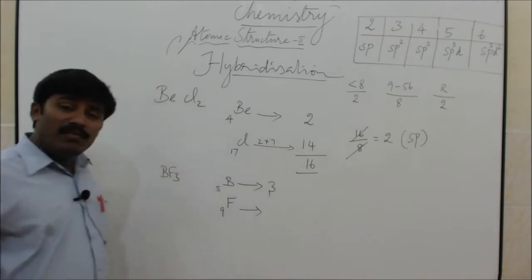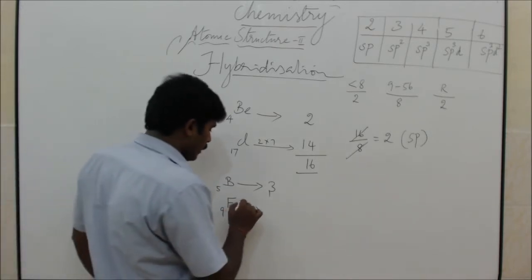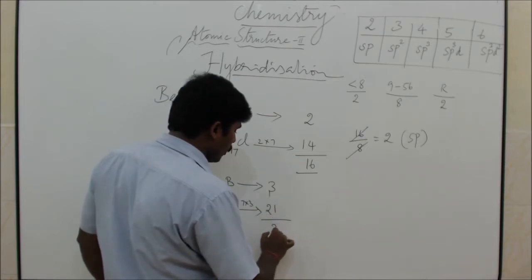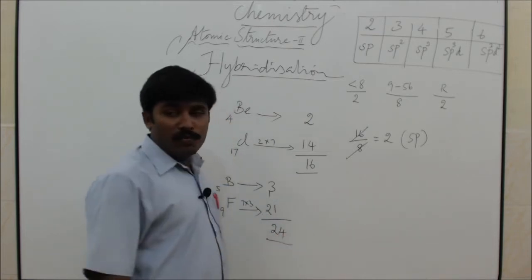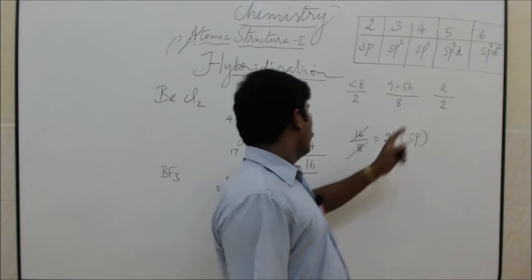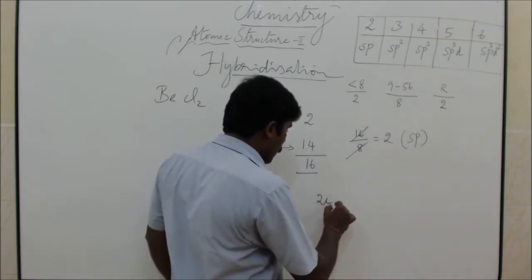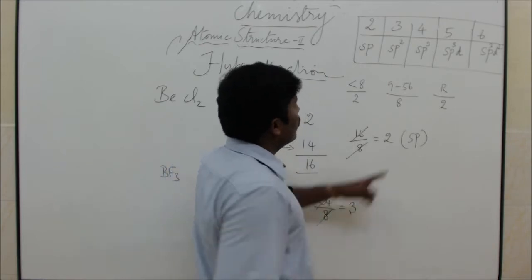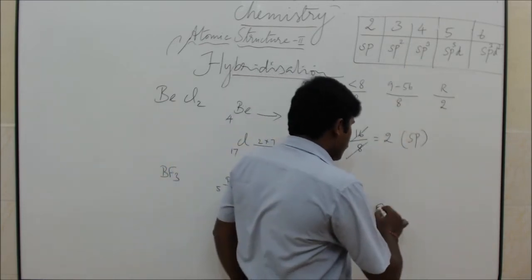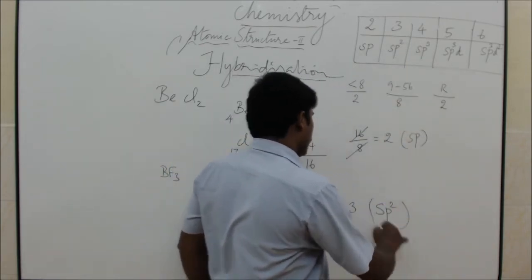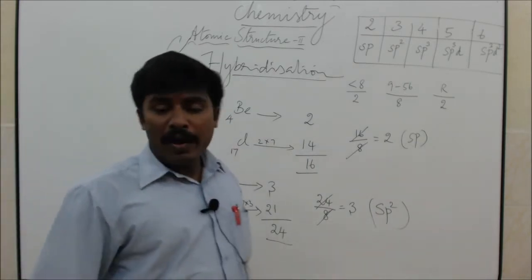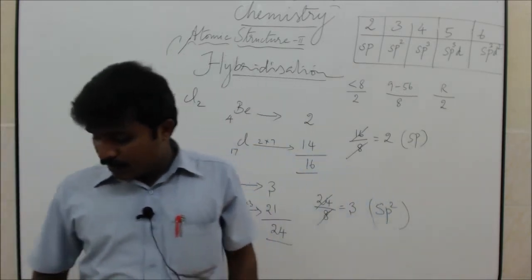How many fluorines? 3 fluorines. So 7 and 3, how much? 21. Altogether 24. 24 means the very same rule. 24 by 8, what's the number? 3. 3 means sp2 hybridization. So your BF3 molecule is sp2 hybridization. Okay, very same thing.